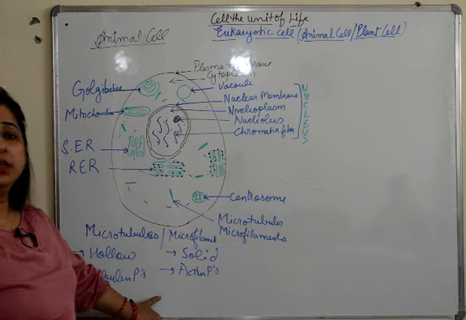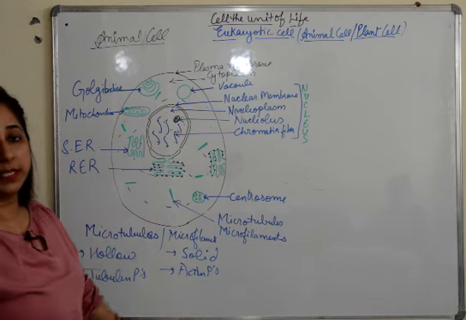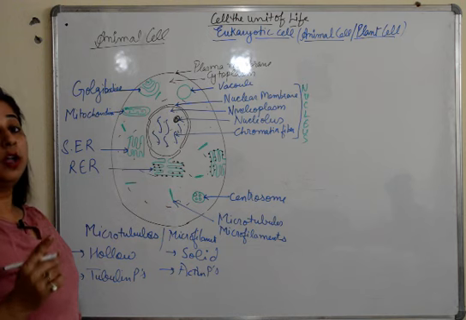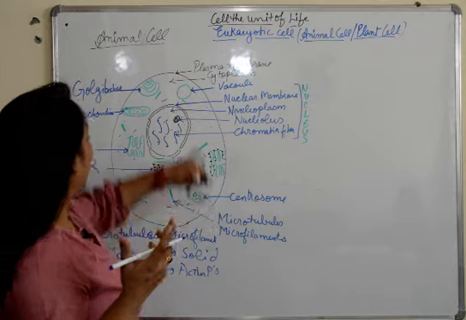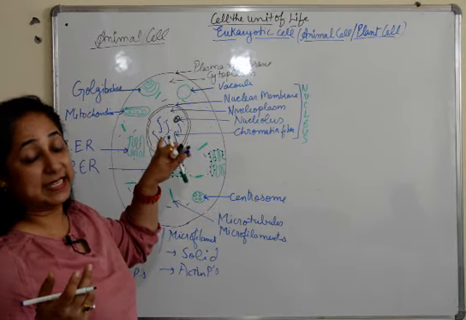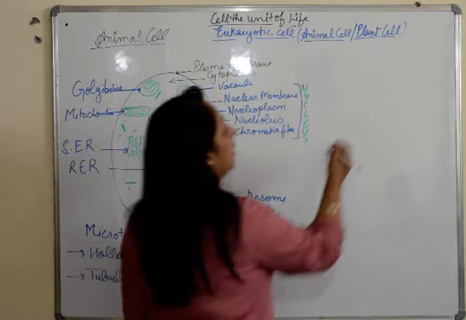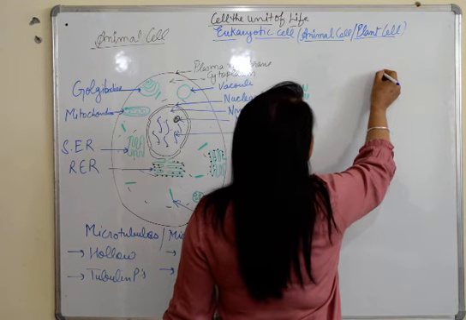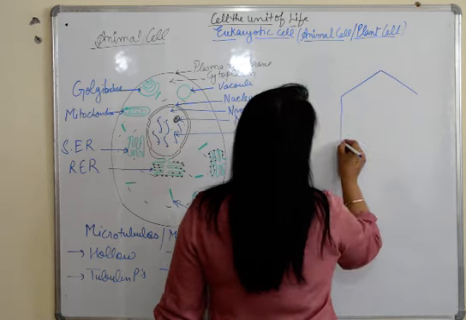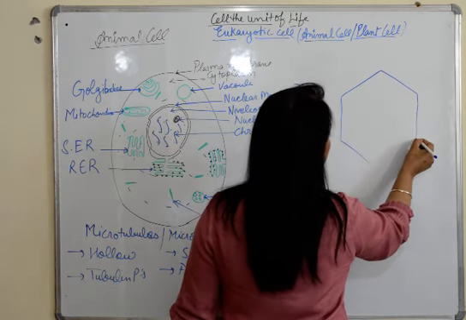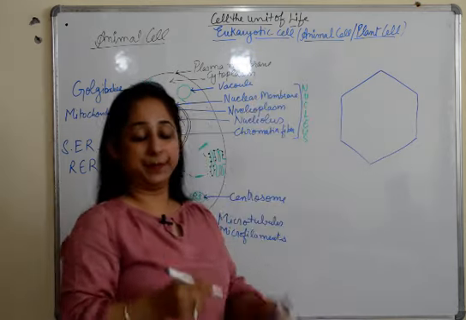So this is all about the animal cell, the different parts which are present here. When we talk about plant cell, first of all, plant cells have a rigid shape. As you can see, there is a plasma membrane around here. When we make a plant cell, we'll just give it a definite shape.